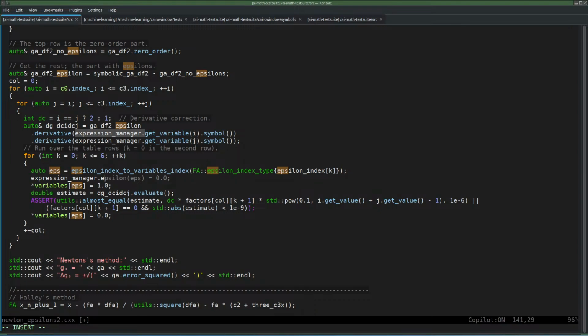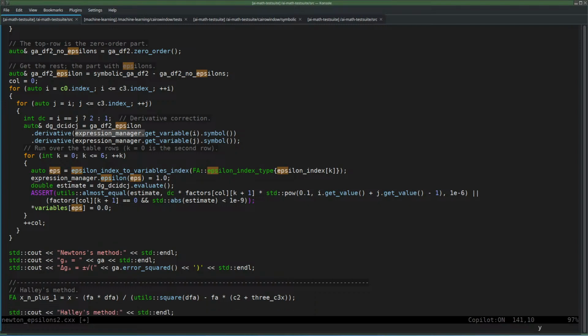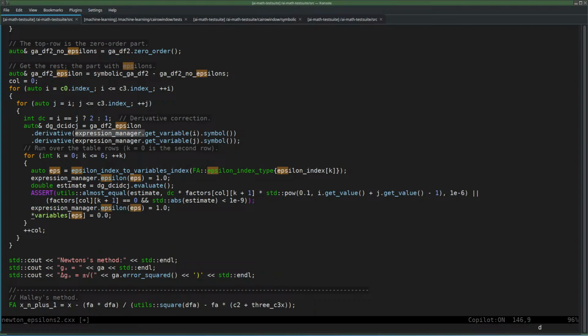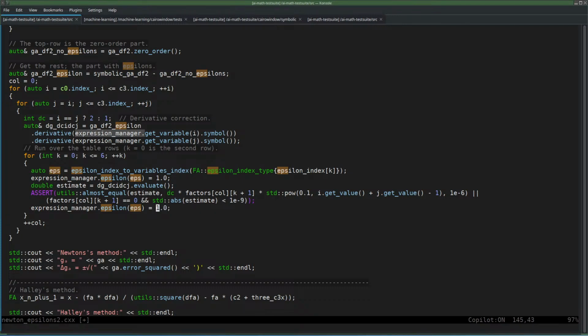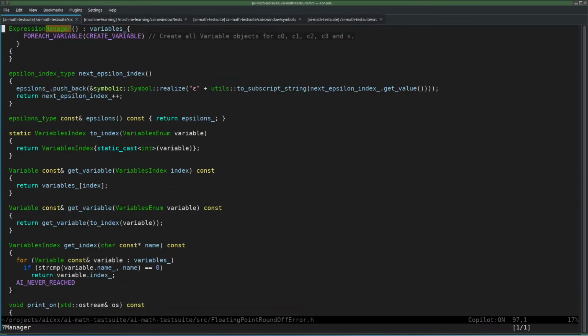What is fill in 0 there? Clearly says 1 here. I have an accessor for epsilons, not epsilon.